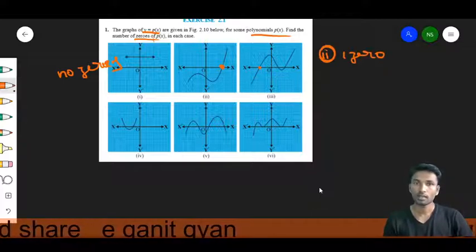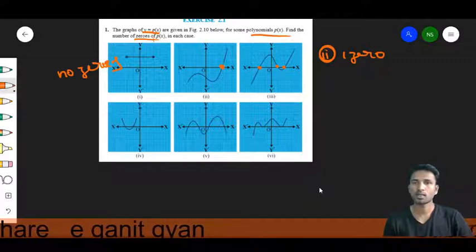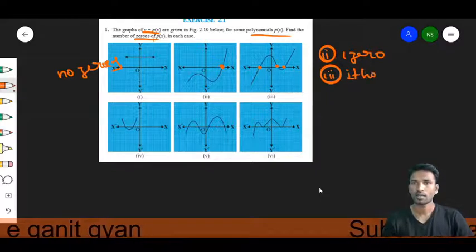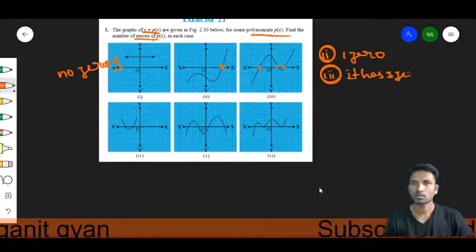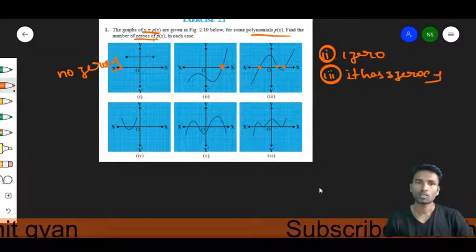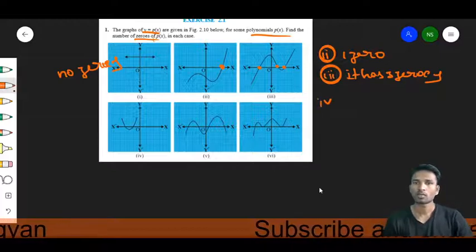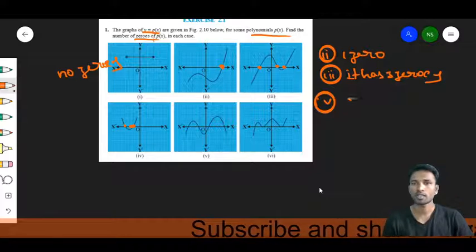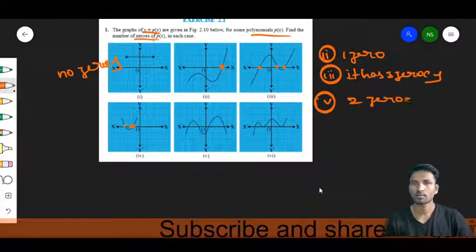Question 3, this graph is intersecting the x-axis at 3 locations, so we can say it has 3 zeros. For question 4, it is intersecting the x-axis at only 2 points, so it has 2 zeros.